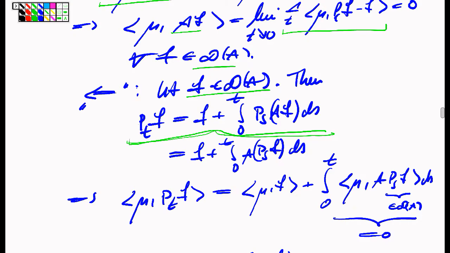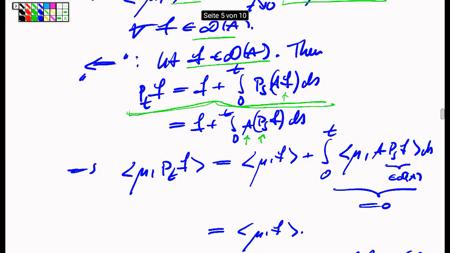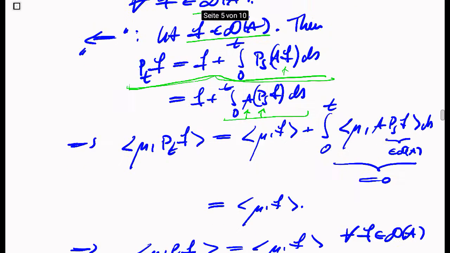That's correct if f is in the domain of the generator, and in this case we also know that we can interchange the application of A with the application of P. So that's a way to write the difference between Ptf and f as this time integral.